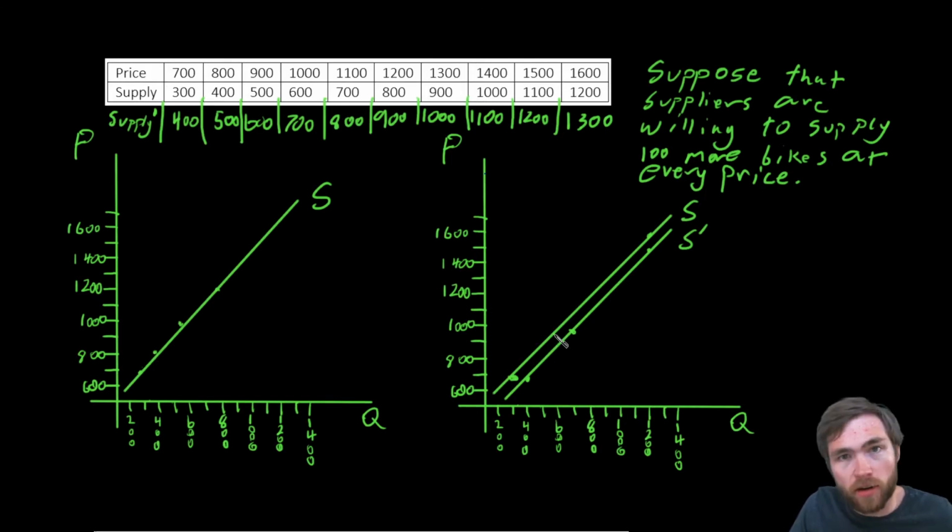So the supply curve has shifted outward because these suppliers are willing to supply more. And so we can see that it's shifting out to the right.